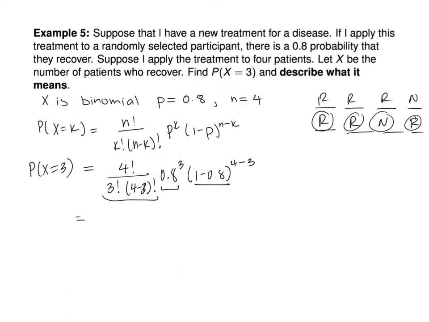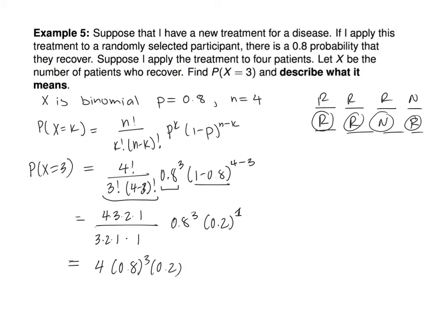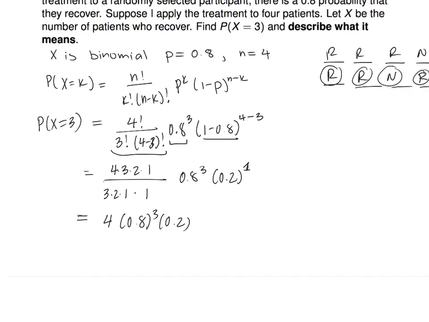Okay, so remember that 4 factorial is 4 times 3 times 2 times 1. 3 factorial is 3 times 2 times 1. 1 factorial is just 1. 0.8 to the third, and then 0.2 to the first. Well, look, this 3, 2, 1 cancels with that 3, 2, 1, giving us 4 times 0.8 cubed times 0.2, which you can then calculate to 0.4096.